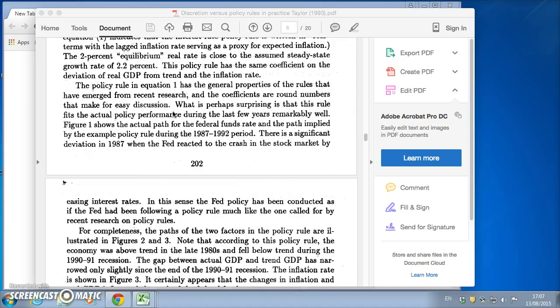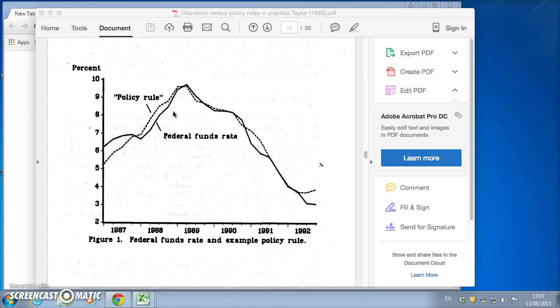And if we look at the prism through which the policy rule was looked at, he compared the actual Fed funds rate, during the Greenspan period, the bold line, and then the broken line would have been the policy rate, which was the Taylor rule or policy rule.